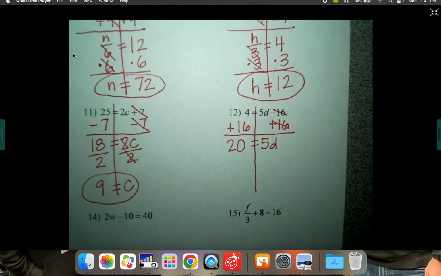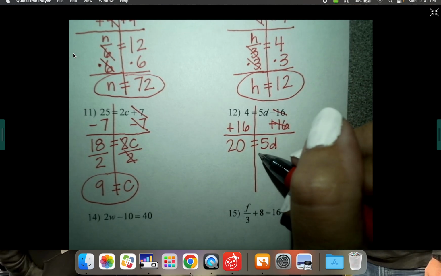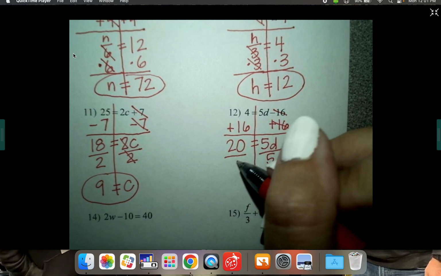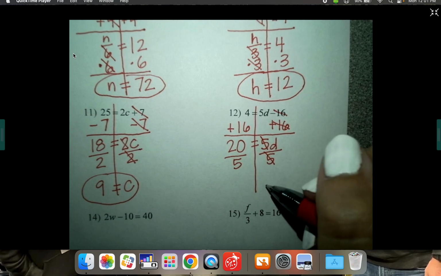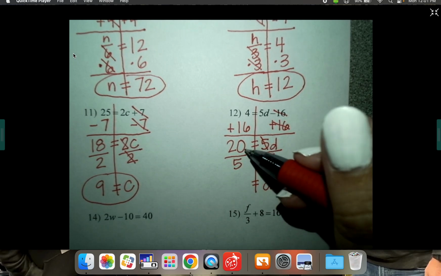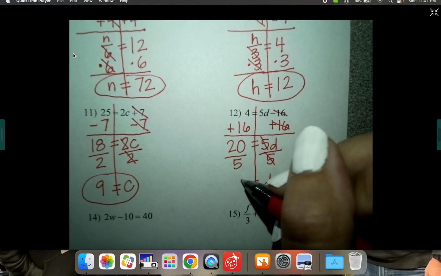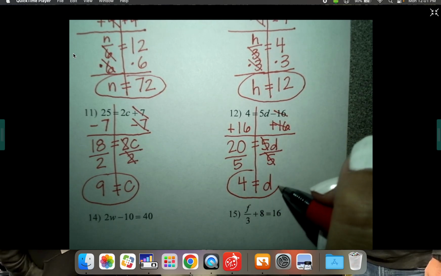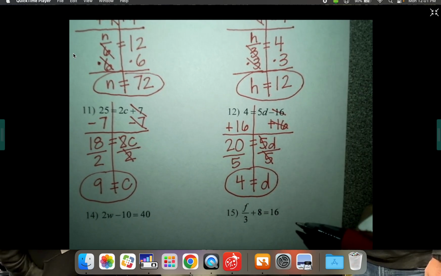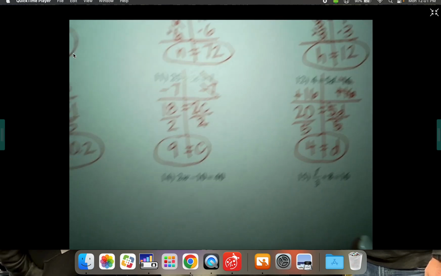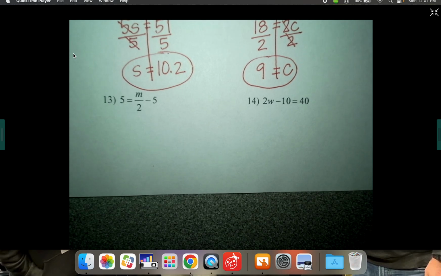D is being multiplied by 5, so to get rid of it, we're going to divide by 5 on both sides. Cancel, cancel. 20 divided by 5, I believe, is 4. Again, use your calculator. I'm going really fast at this point, so you should be pausing the video and using your calculator to check.